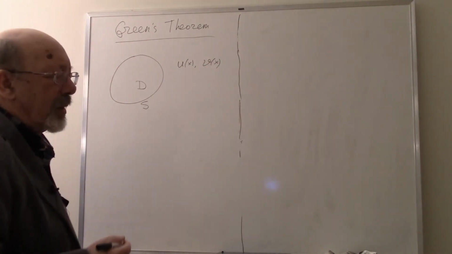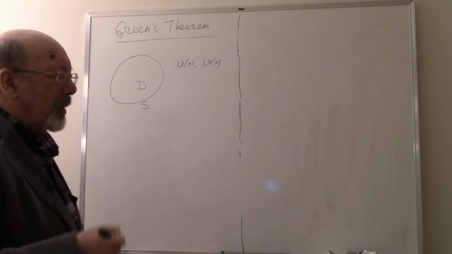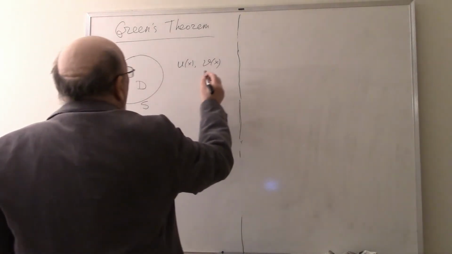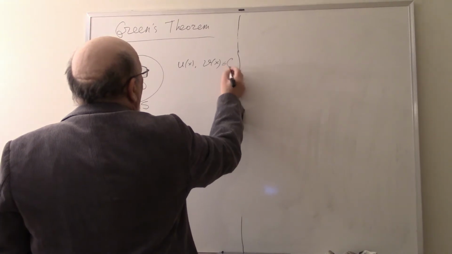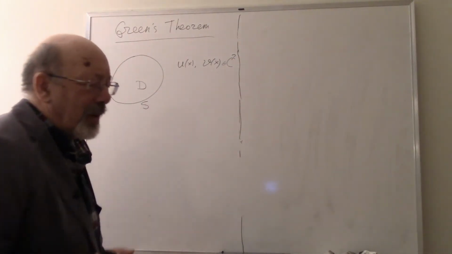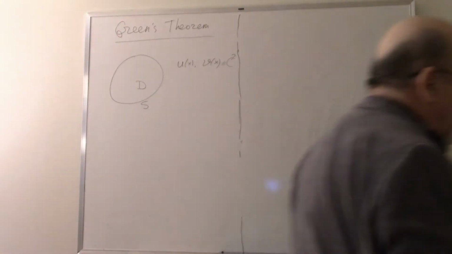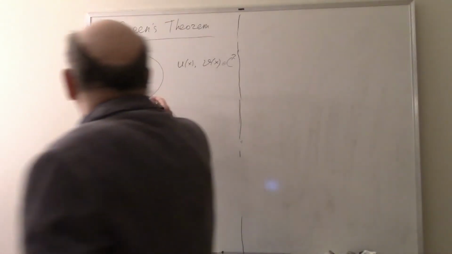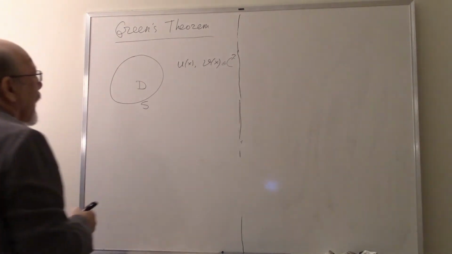For more accuracy, they are both in C2, so they have continuous first and second derivatives in domain D, including up to the boundary S.